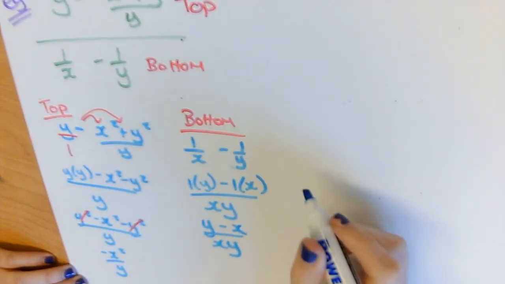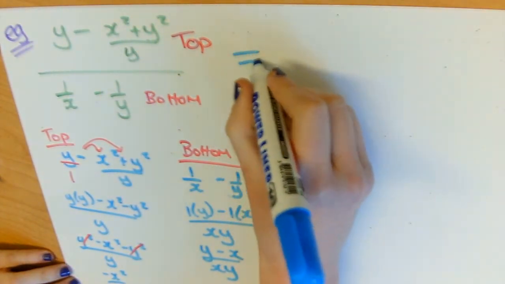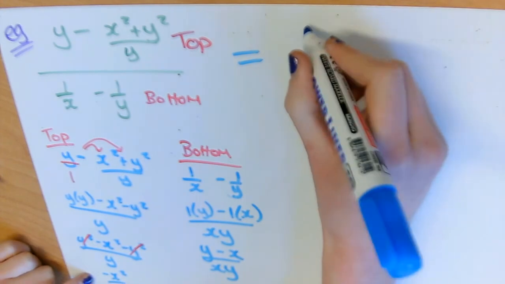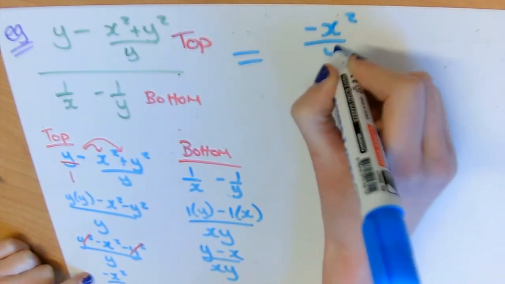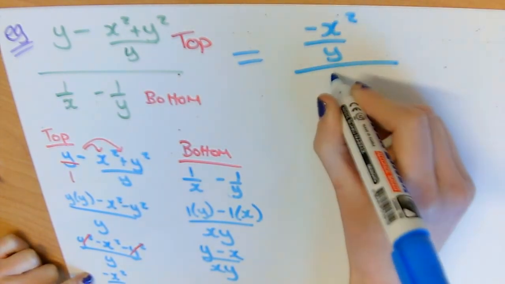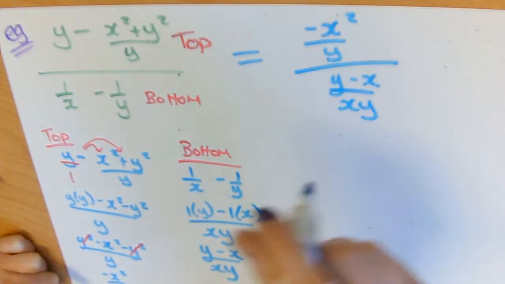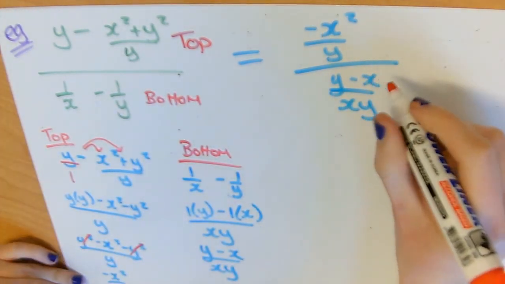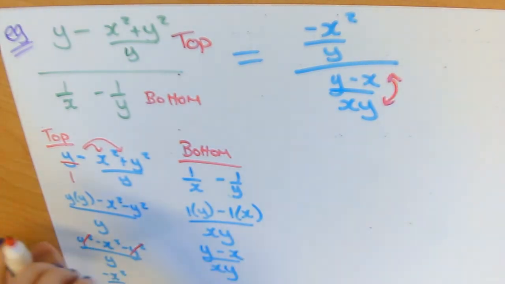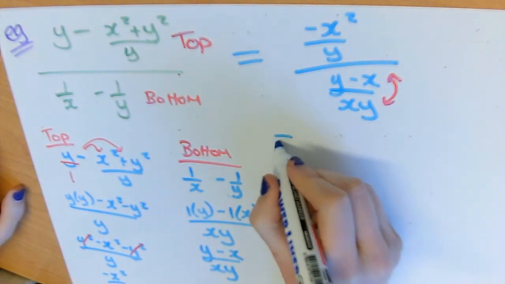Okay, that means I go back to the very top and I sub in my new fractions. So I have minus x squared over y all over y minus x over xy. Now the way I divide using fractions is I actually take the bottom, I flip it, and I change it to multiply.